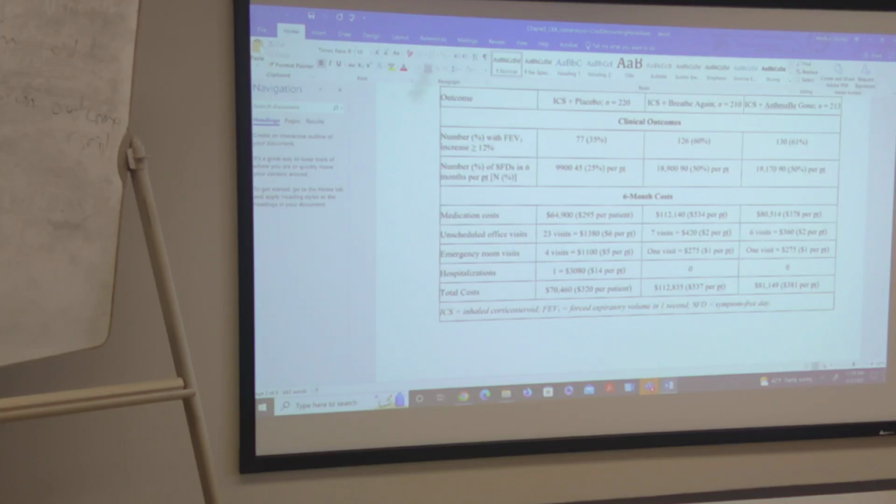Likewise, symptom free days, you take 320 is the cost, divided by 45, you get 7.11. So that's how you populate that table. Each of those alternatives, you get the average cost per success, average cost per SFD. Pretty straightforward, right?